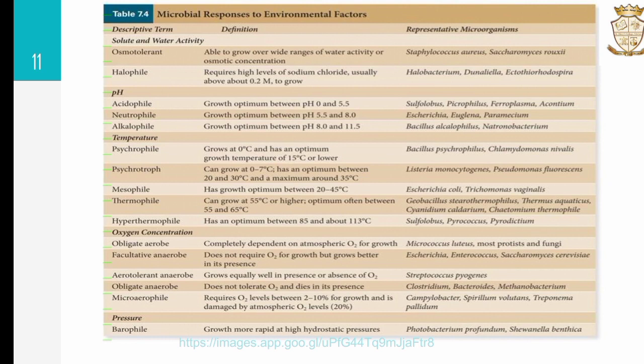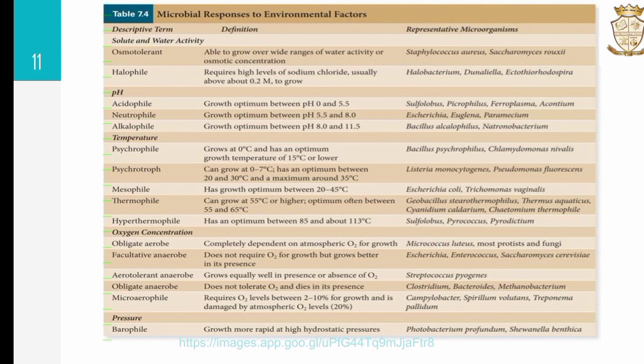Examples are Streptococcus pyogenes and Enterococcus faecalis. The fourth one is strict or obligate anaerobes. They do not tolerate oxygen at all and die in its presence. Examples are Clostridium, Bacteroides, and methanogenic bacteria, etc.